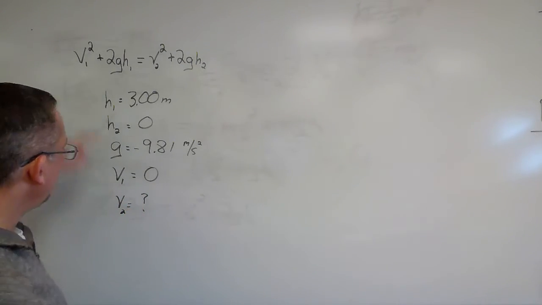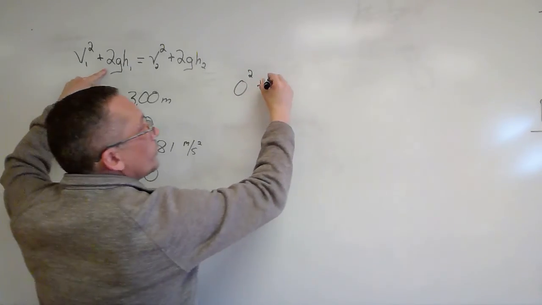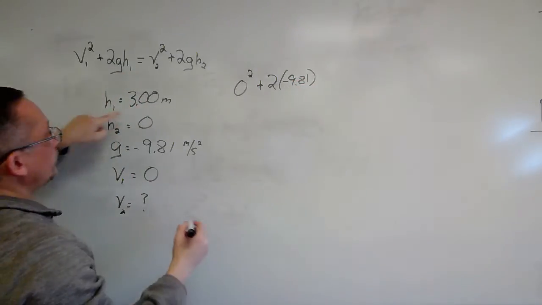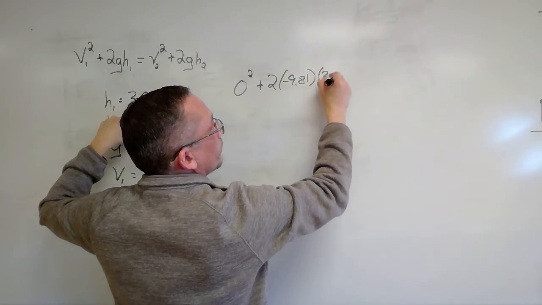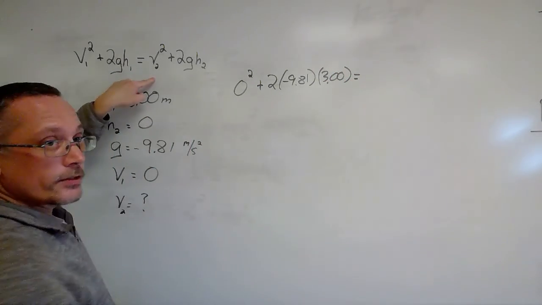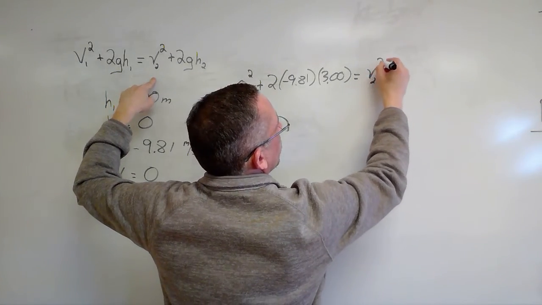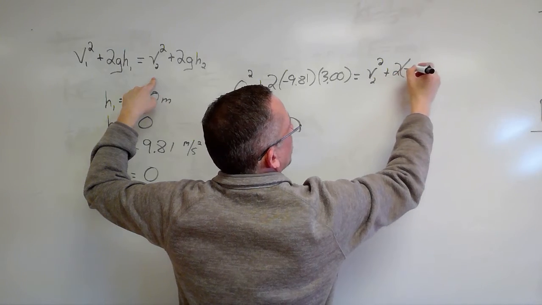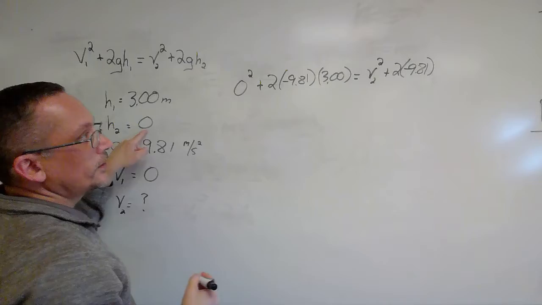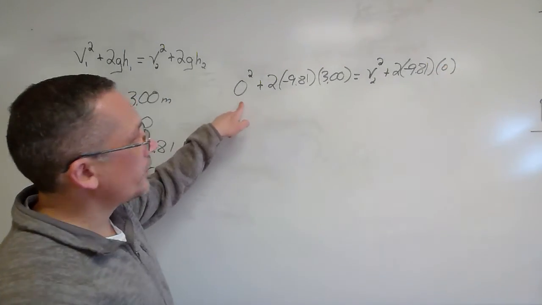So v1 is 0. And I have 2 times negative 9.81 times 3.00. On the other side, I have v2, which is what we're looking for, plus 2 times negative 9.81 times 0. This right here is just 0.